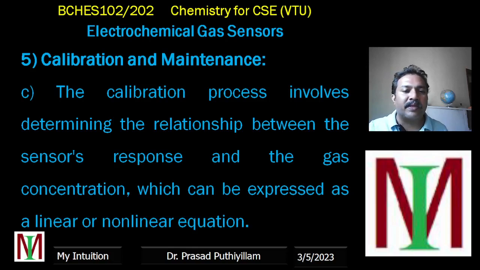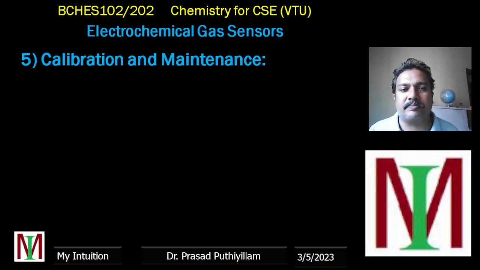If you have a graph, it is very easy to do the other calculations. We need to know that for a particular gas concentration, how much the reading should be, which we can use to do the calculation.